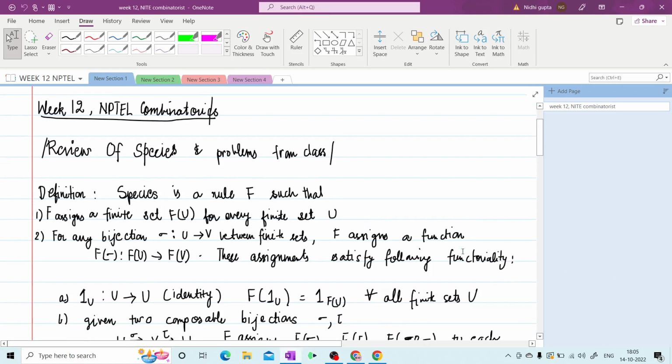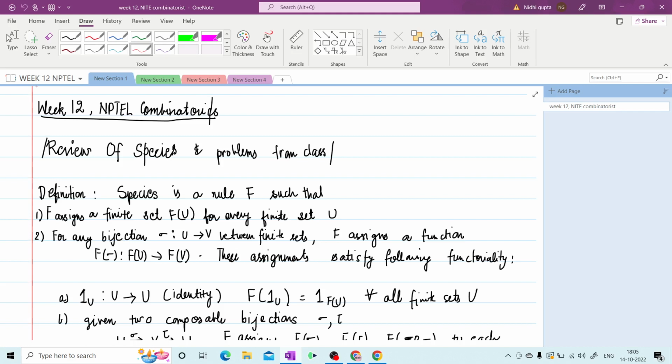A species is a rule. It is a rule F, we can think of it as a functor, which has two types of data.